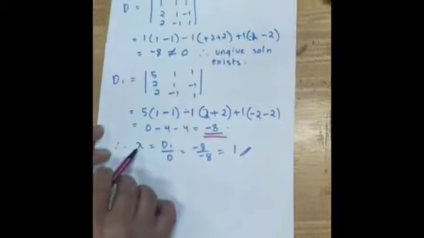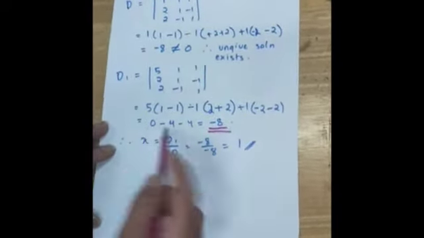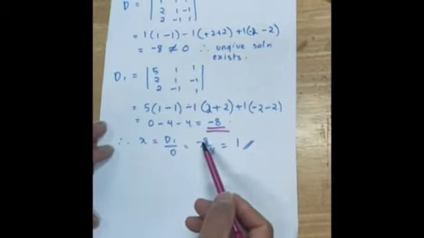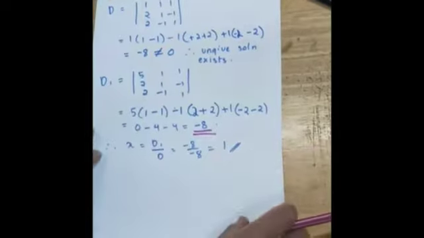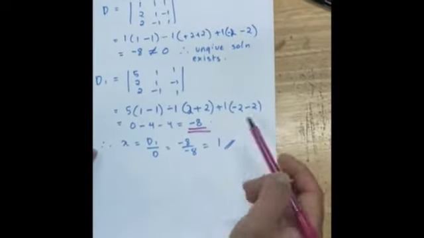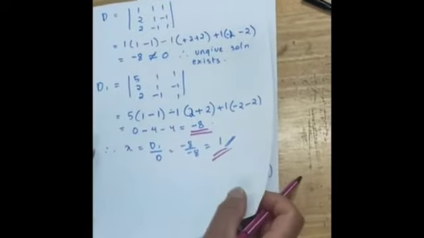According to our formula, the value of x is d1 divided by d. -8 is d1 and -8 is the determinant of the matrix, so our answer is 1 for the value of x.